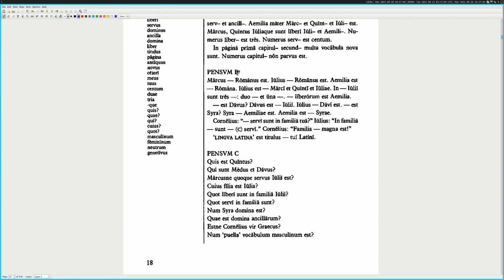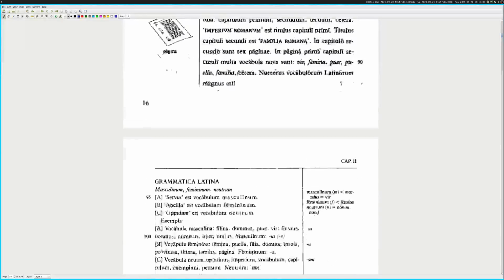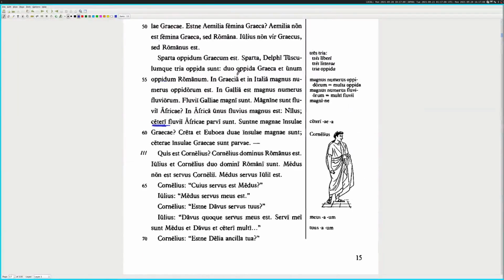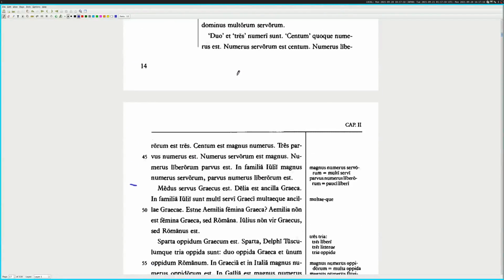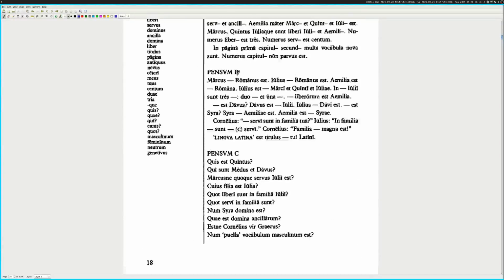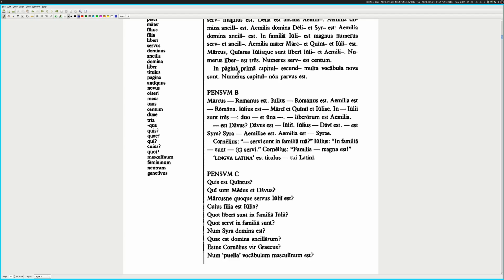I think filia means daughter. Oh wait, does quis mean whose? If quis means whose daughter is Julia, then... Okay, let me look up.